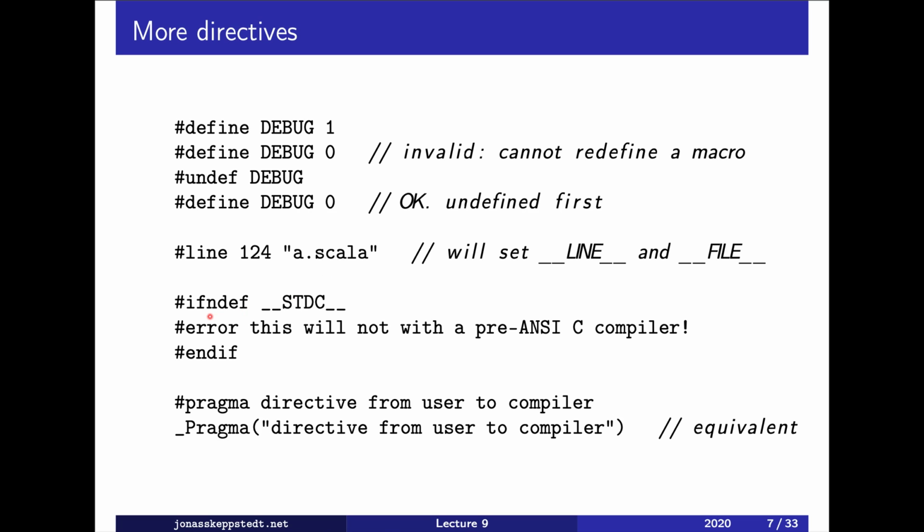This #error directive causes the preprocessor to fail the compilation. If translation comes into this, then it will fail. If standard C is defined, then this line is skipped, so the compilation will continue as if this does not exist.